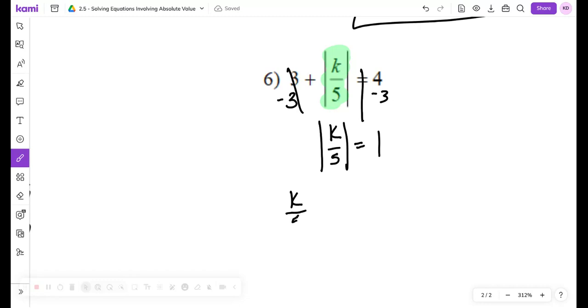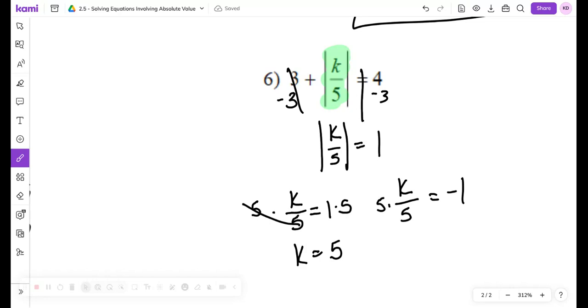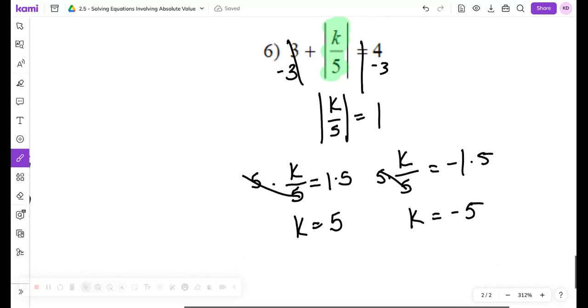So I have k over 5 equals 1. K over 5 equals negative 1. Multiply by 5 on both sides to get that k by itself. K equals positive 5. K equals negative 5. I was making it a set of numbers. K equals negative 5, comma 5.